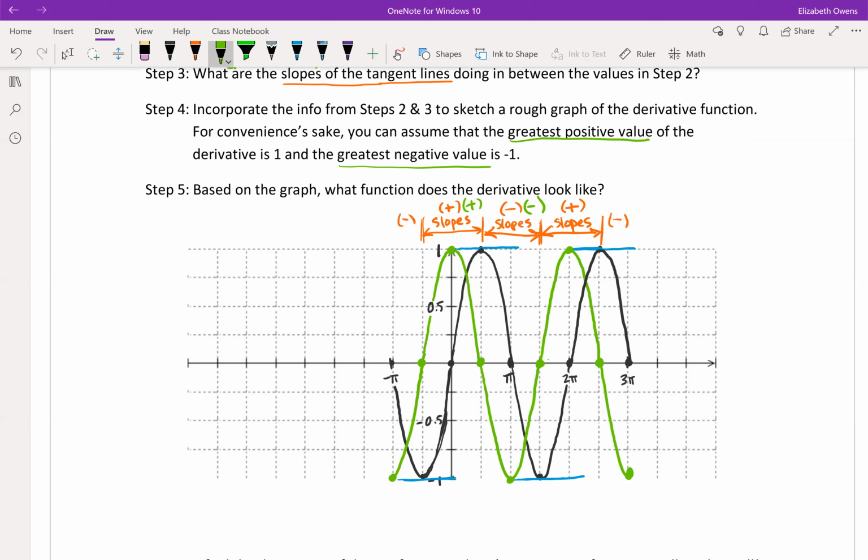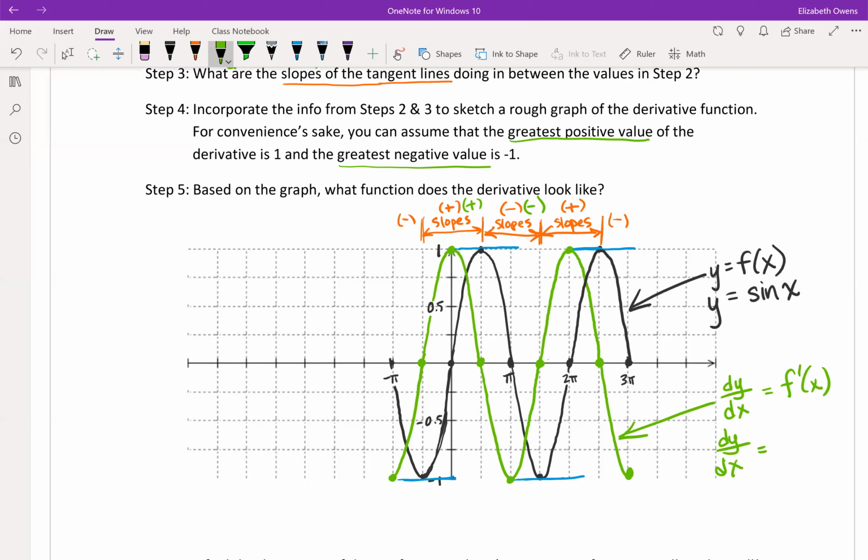All right, so again, the black graph here is y equals f of x equals sine x. And the green graph that we've now constructed is the derivative, dy/dx, or f prime of x. And so we've got to think about what function that looks like.